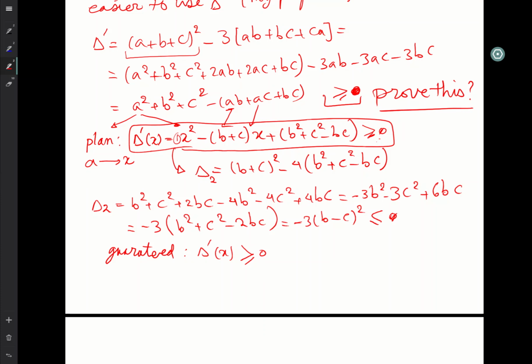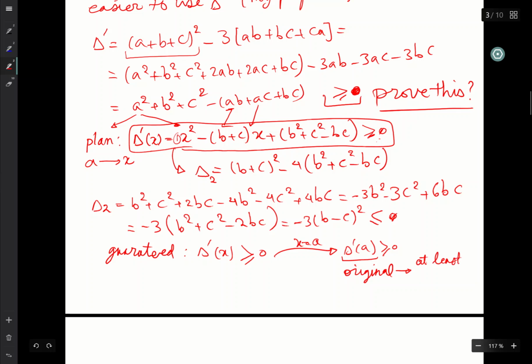And therefore, if delta prime of x is always greater than or equal to 0 for any x, then I can put x equal a. Delta prime of a is also this, and this is the delta prime of the original quadratic equation. Therefore it means it has at least one real root.